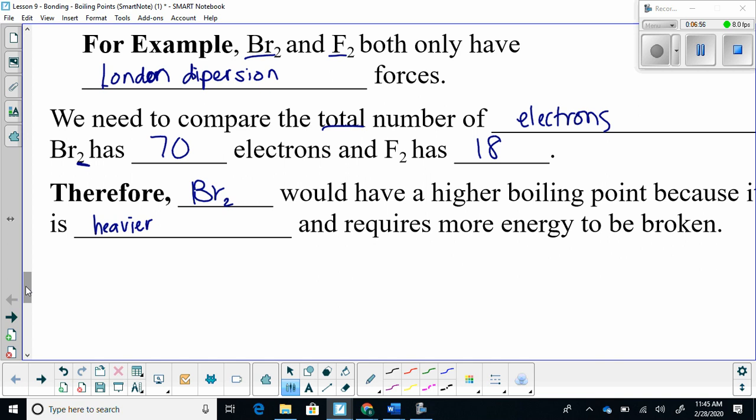So the more energy that is required, a higher temperature is needed, okay? So the heavier the compound gets, the more energy is needed, the higher the boiling point. Think about pushing something light up a hill, requires less energy. Think about pushing something heavy up a hill, requires a lot more energy, okay?